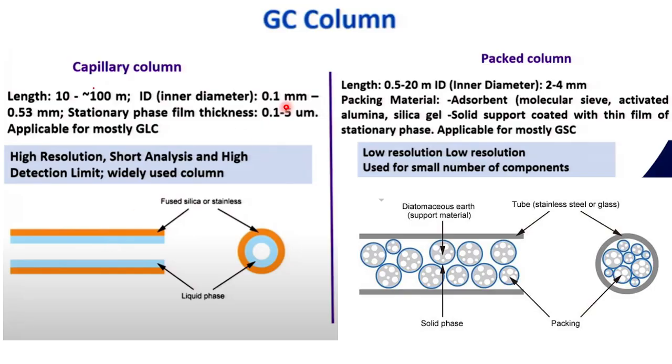In the packed column, another type, the length is up to 20 meters, inner diameter is 2 to 5 millimeter, and packing material is adsorbent, molecular sieve, activated alumina or silica gel, or solid support coated with a thin film. So here this is the stationary phase, that is gel type of solid material or alumina.